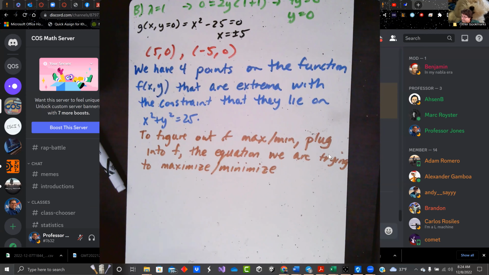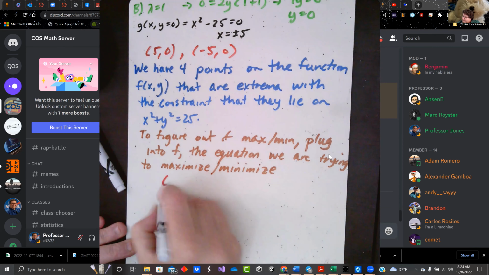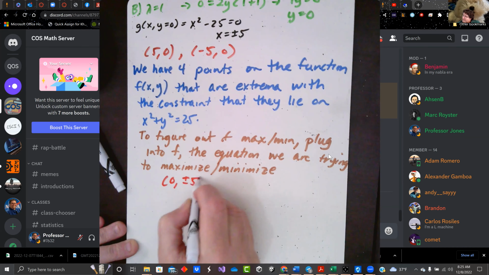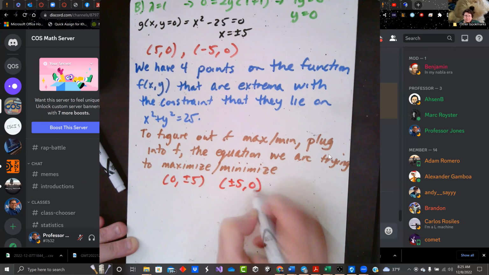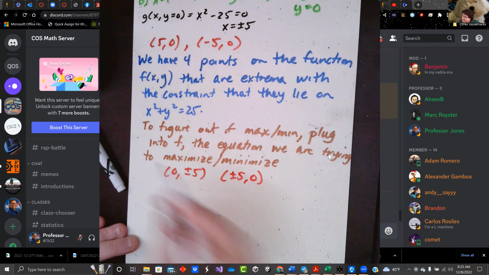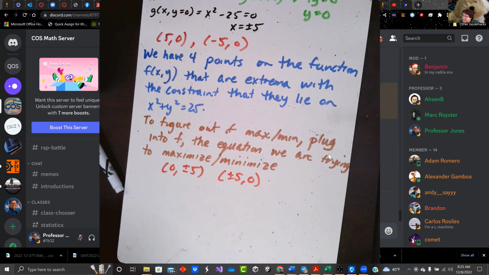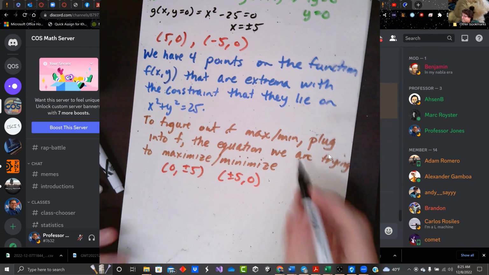So let's do that. The 4 points we have are 0, plus or minus 5, and plus or minus 5, comma 0. f, as a reminder, was x squared minus y squared.